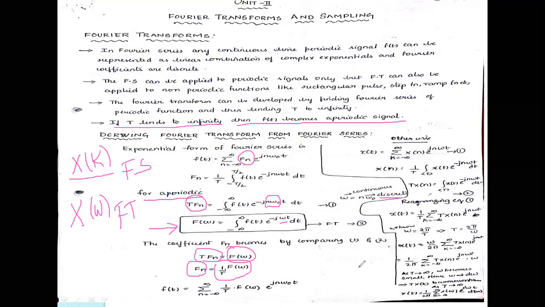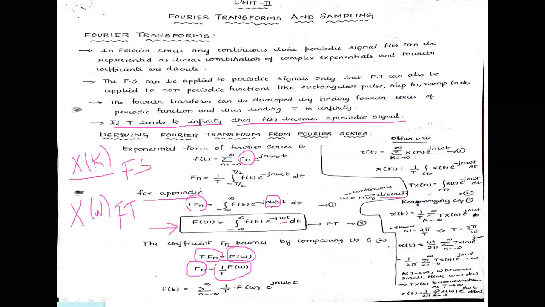Now what is the formula for the Fourier transformation? F of omega is equal to the integral from minus infinity to infinity of f of t e power minus j omega t dt.